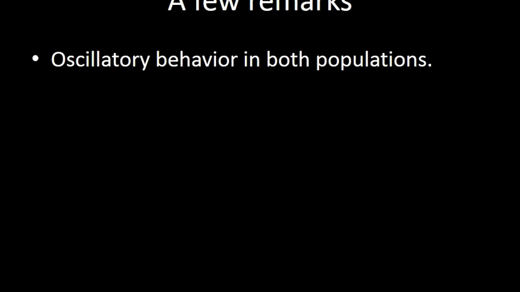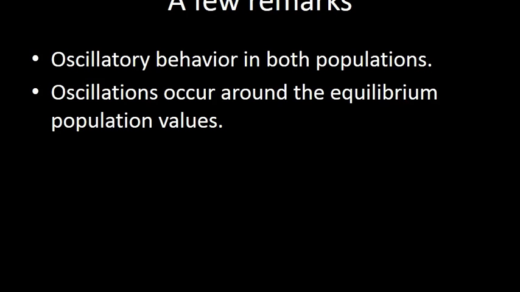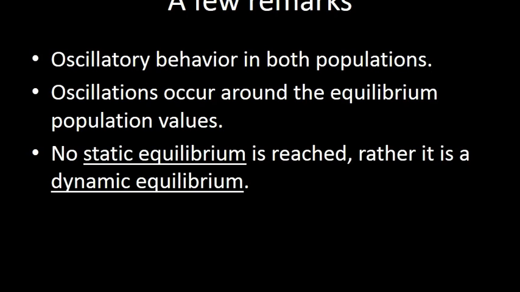So if we can summarize this with a few remarks, first, there is an oscillatory behavior in both populations, and these oscillations are around these equilibrium population values. So there's really no static equilibrium. Rather, it's a dynamic equilibrium, meaning that you get the oscillations, and these oscillations are constant over time. The populations go up and down.